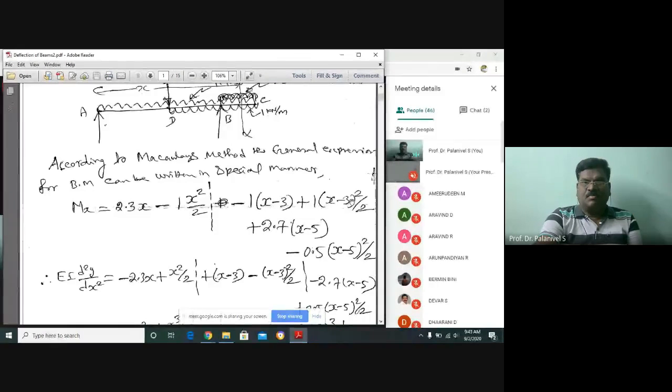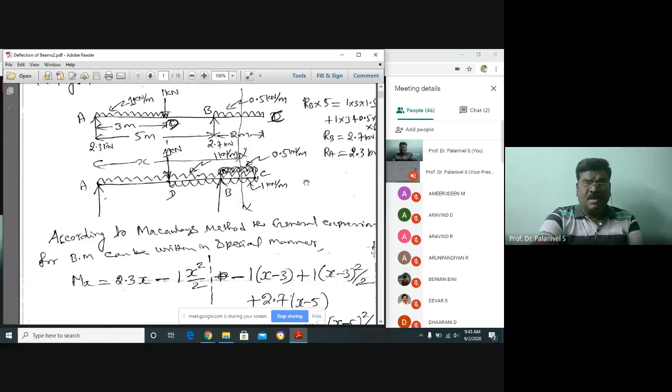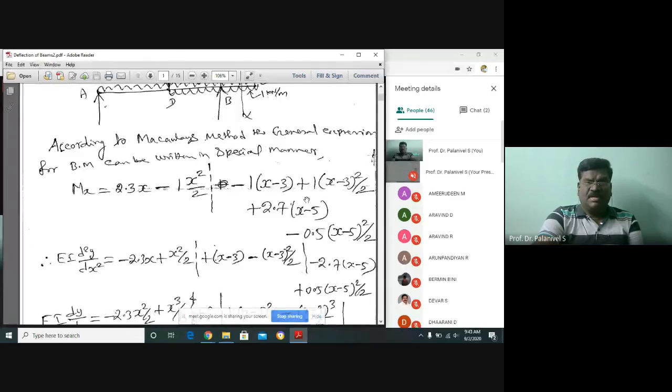First and second parts together are applicable for portion DB. First, second and third parts all together are applicable for portion BC. That is the meaning of it. In a special manner we are expressing bending moment, and also the loading diagram. Please keep everything in mind.